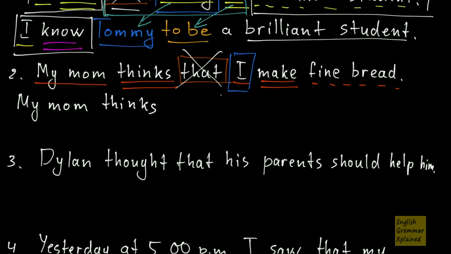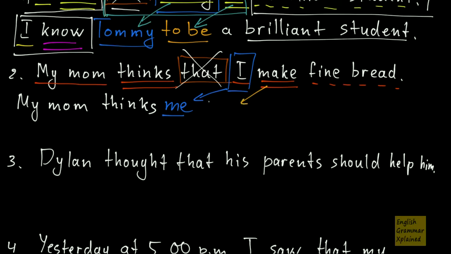But here I have a problem, because I cannot put I here. This is an object. This is not a subject. So I cannot use nominative case here. So I change I into me. Like that. Then I put my infinitive.